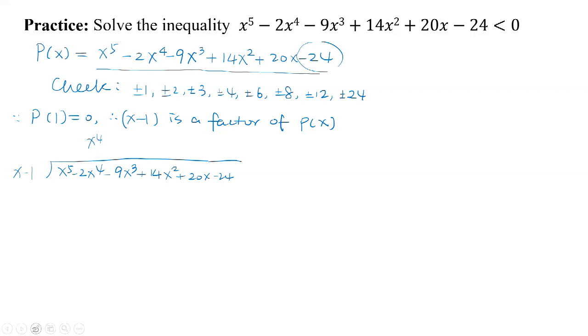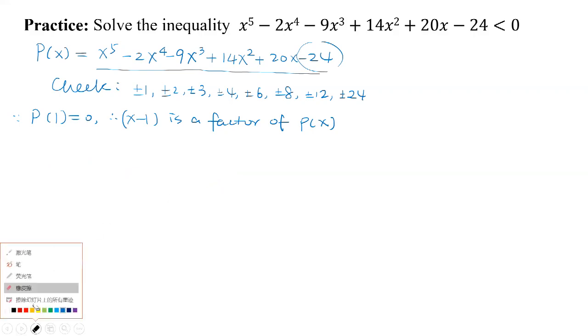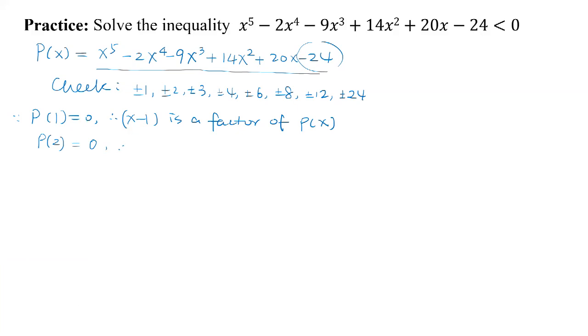So we'll use the factor theorem again. So it's better to find another factor before we use the long division. All right, so when you check x being 2, you will get actually p(2) is also 0, right? So we know that x minus 2 is another factor of p(x).